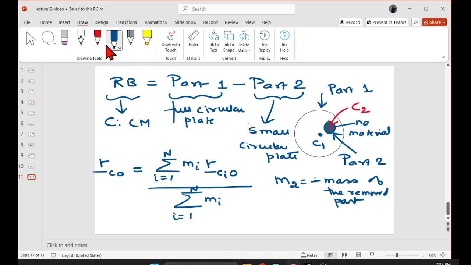Even though mass cannot be negative in the context of this course, to leverage this formulation for a situation like this, if you set M2 to be the negative of the actual mass removed, you will eventually get the right location of the center of mass of this RB, which has this small part removed from it. All right.